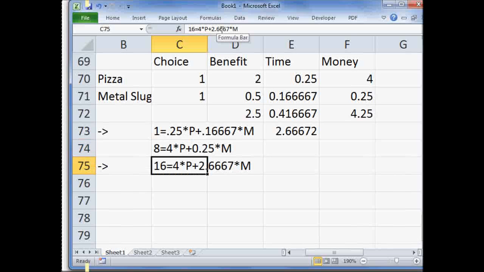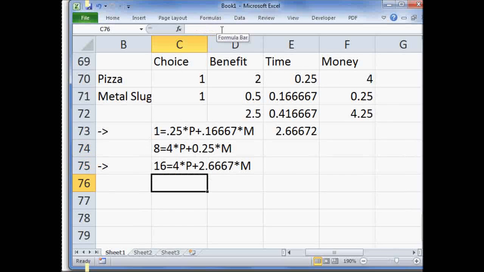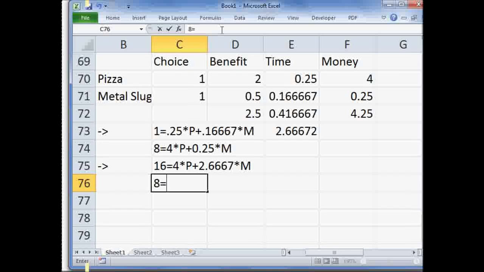But now we've written it in a nice way so that we can subtract this one from this one. So if I do that, 16 minus 8 is 8. 4 p's minus 4 p's is 0 p's. So we've gotten the p's to cancel.